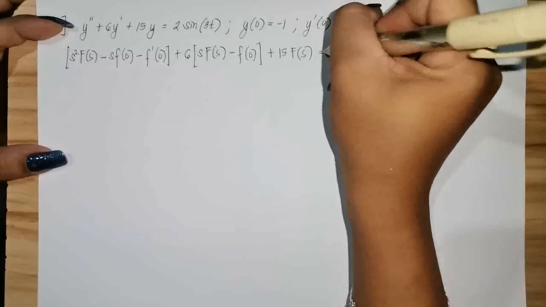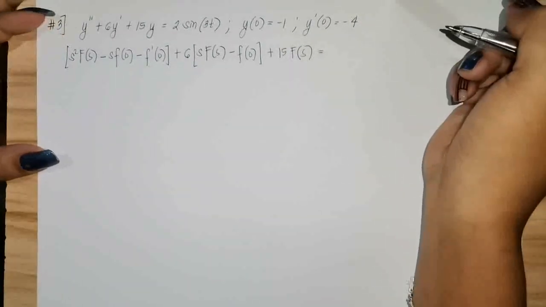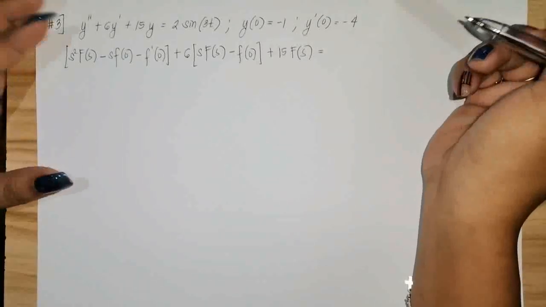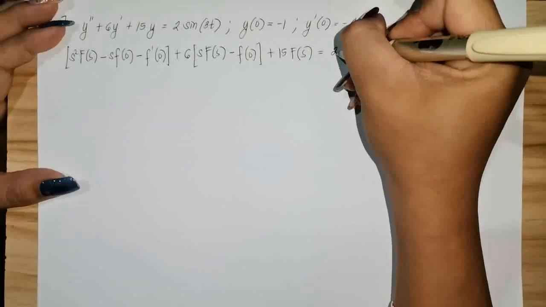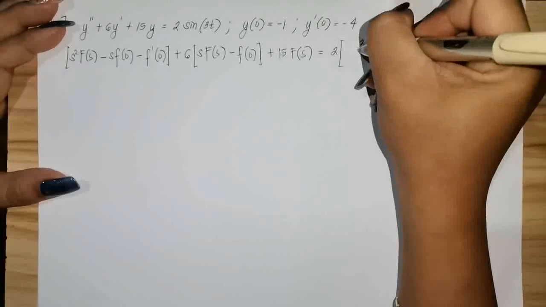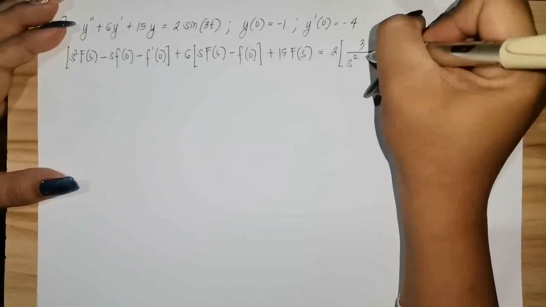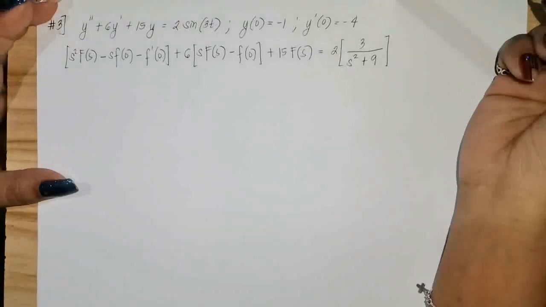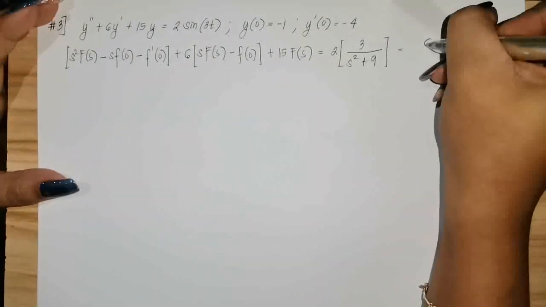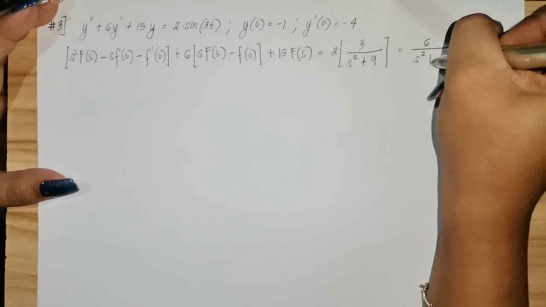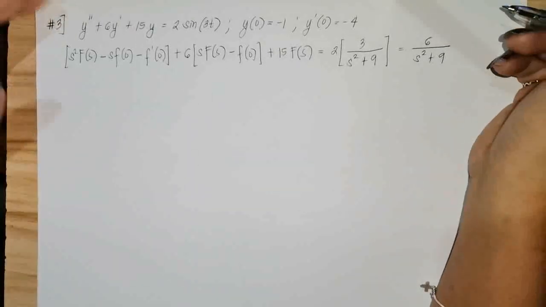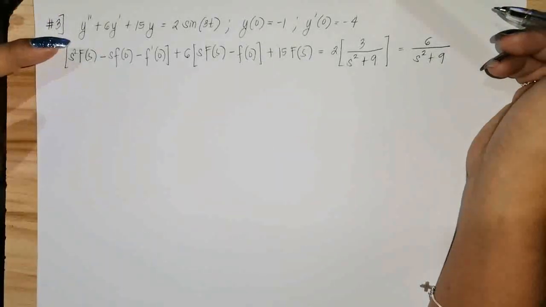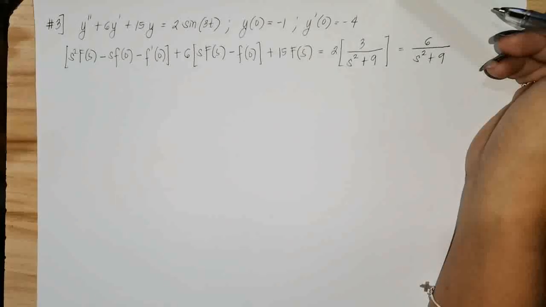Now you have to solve for the Laplace transform of the 2 sine 3t, that is 2 multiplied by 3 all over s squared plus 9. Okay, so that will be 6 over s squared plus 9. Now we will substitute the value of y of 0 and the y prime of 0.